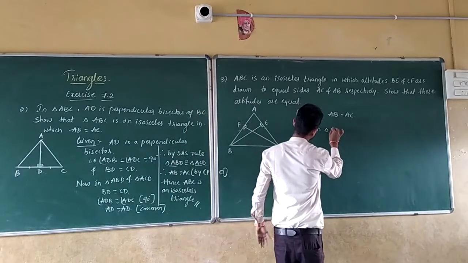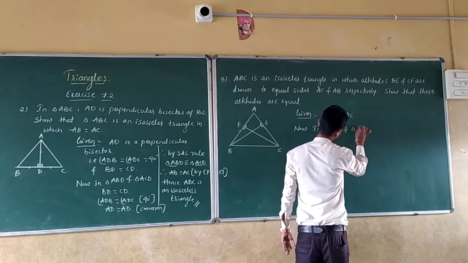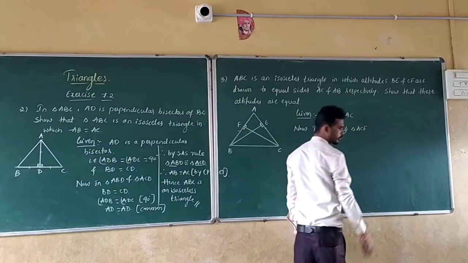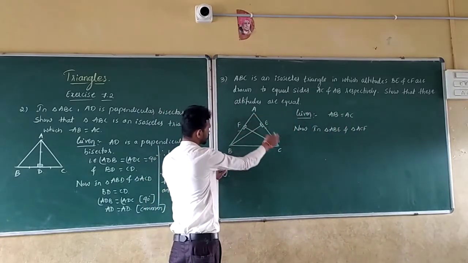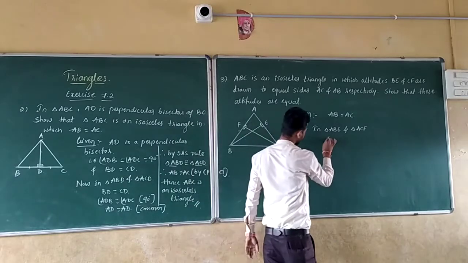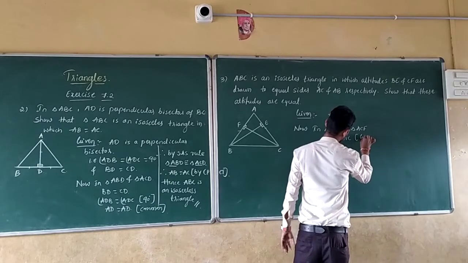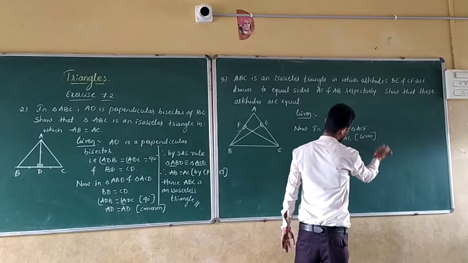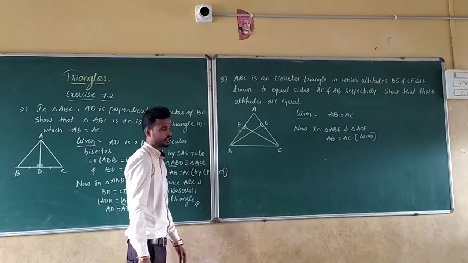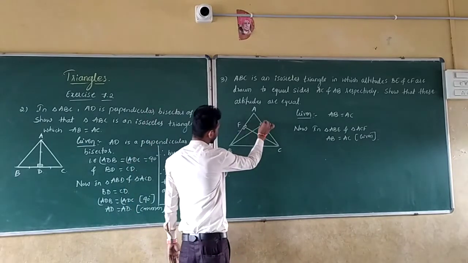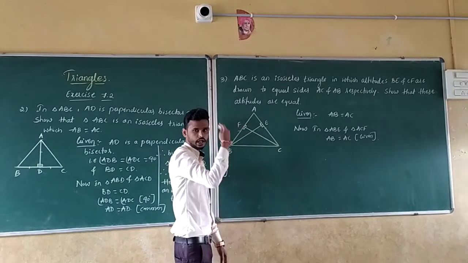In triangle ABE and triangle ACM, what are the equalities? The first equality is AB equals AC, given. Next, the second equality is angle E equals angle F, because both are 90 degrees, those are altitudes.